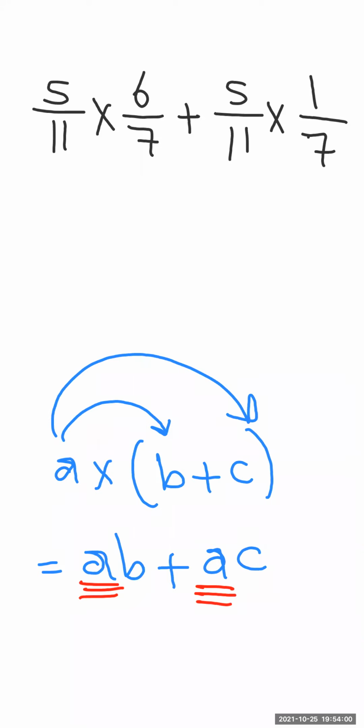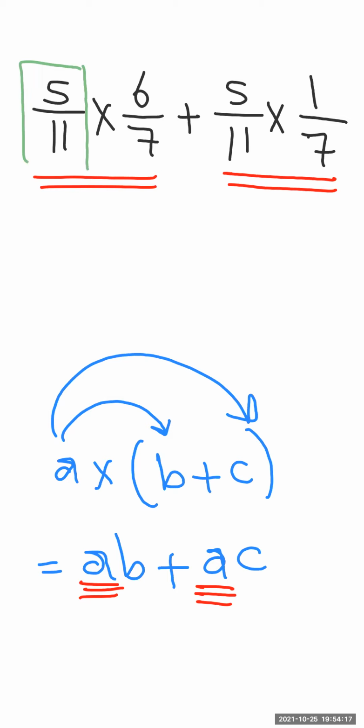In this type of questions, we are looking for a common factor between the two terms. So this one is one term, and this one is the second term. Now, find a common element between them. We will find that there is 5 over 11 here, and the 5 over 11 here.